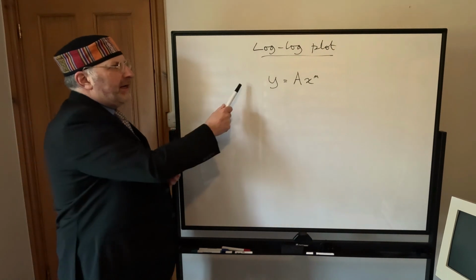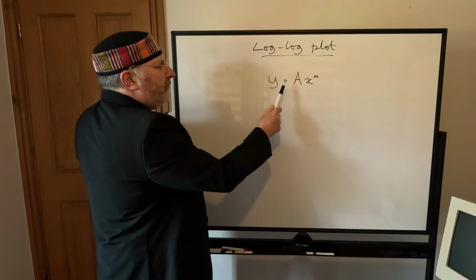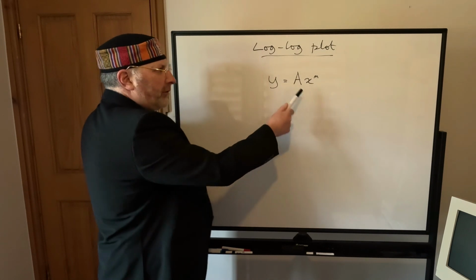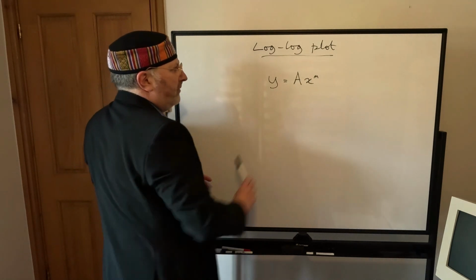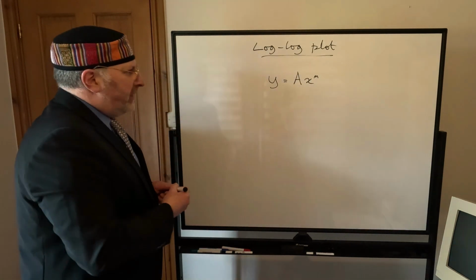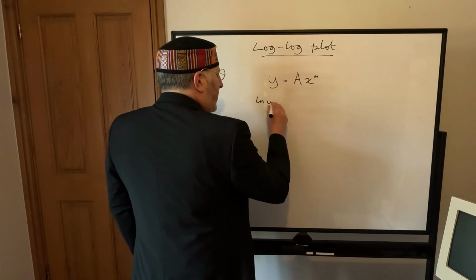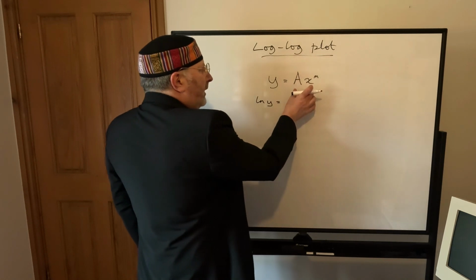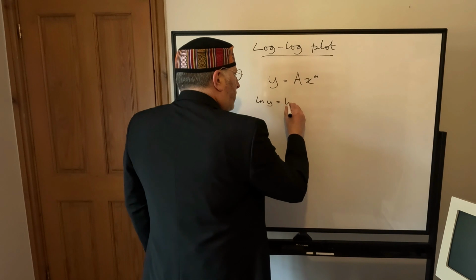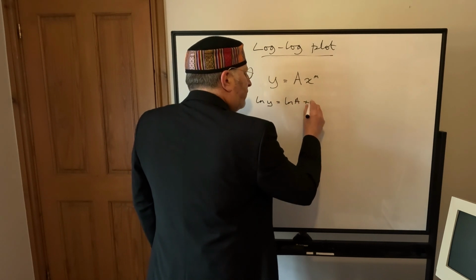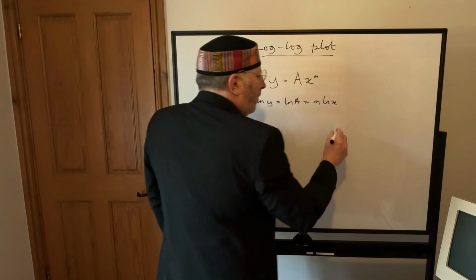Okay, so I've written up here the general formula for a power law. Y is equal to a constant, times x to the power of m, the exponent of the power law. And if we take the logarithm of both sides, so we've got log y equals, well, taking logarithms converts multiplication to addition, so we'll have log of a plus m times log of x.